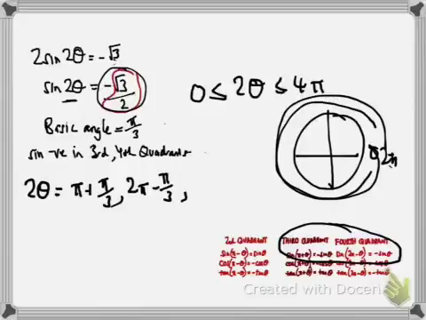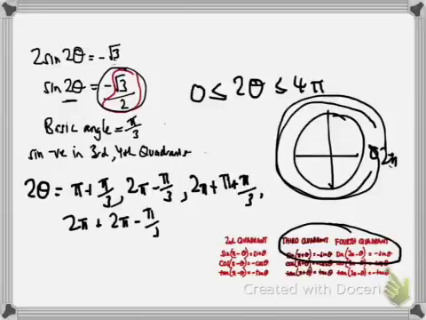So to get the other two solutions, they're going to be 2 pi, that's going around once, plus pi on 3. And the other solution is 2 pi plus 2 pi minus pi on 3. If you look carefully, you can see that I've just added that solution to 2 pi and that solution to 2 pi to signify that we're going around a second time.